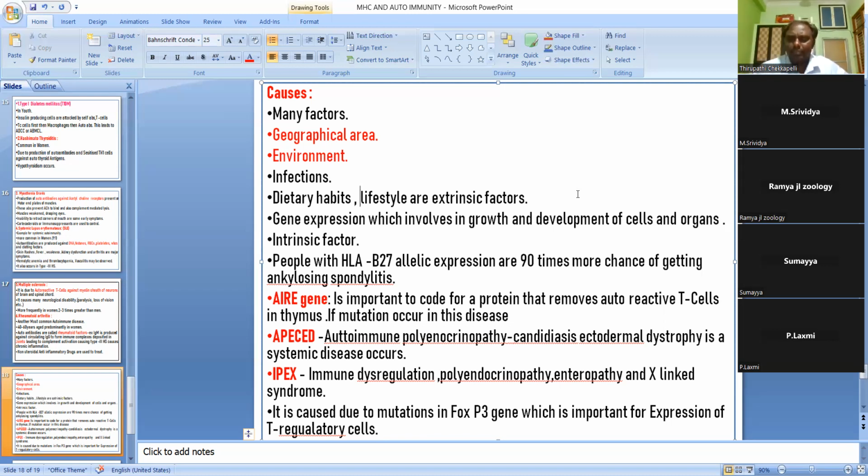Okay, so in recent times, in this fast food culture, some food additives present in our foods also alter the self antigen structure, or they may cause mutations in our DNA. Lifestyle like smoking are some of the extrinsic factors. These are all extrinsic factors from geographical area to lifestyle. So here, intrinsic factors like gene expression, which is involved in growth and development of cells and organs.